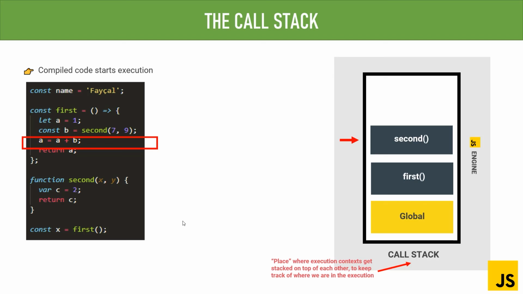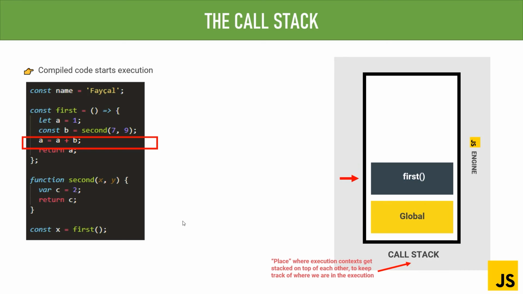And at least that's what you need to know for now, because actually the popped off execution context may keep living in memory. But more about that later in the course. Anyway, what happens next is that the previous execution context will now be back to being the active execution context.